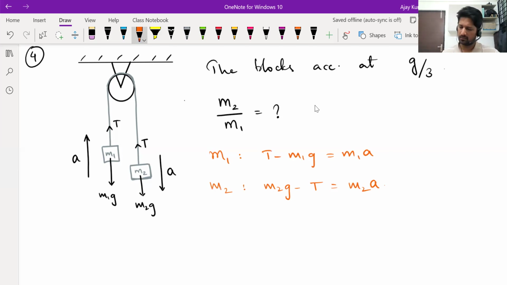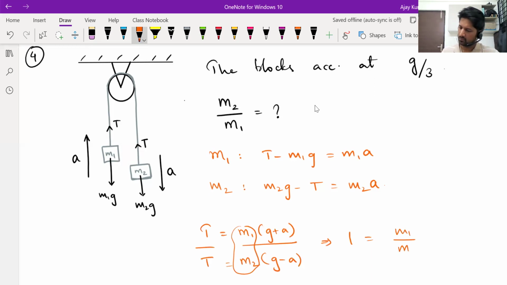Okay, you want to write from the first equation, you can take T, send M1G that side, it becomes M1 into G plus A. And in the second equation, send T that side and M2A this side, it becomes M2 into G minus A. And then you divide them, you will get the ratio M1 by M2, correct? So 1 is equal to M1 by M2 into G plus A. Acceleration is given as G by 3.